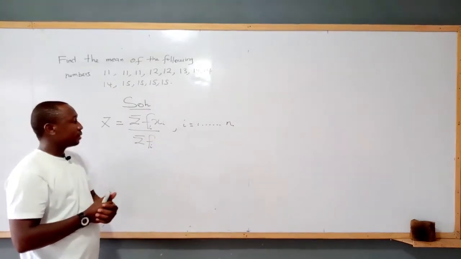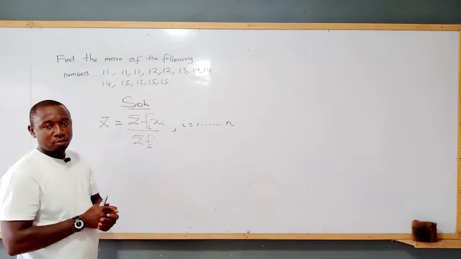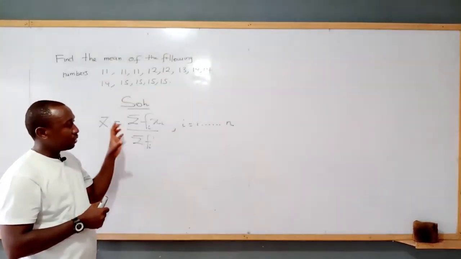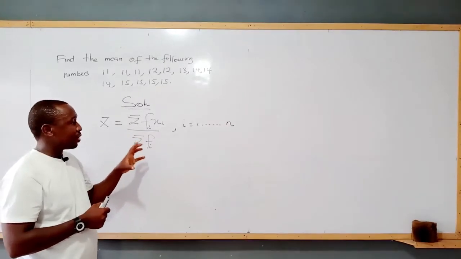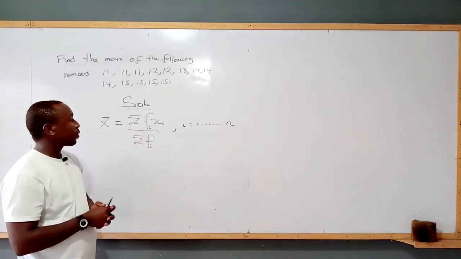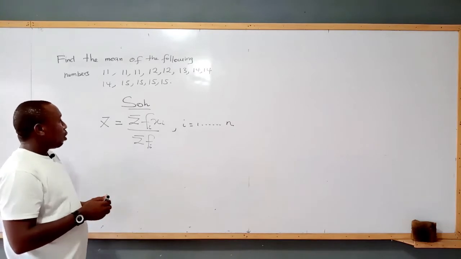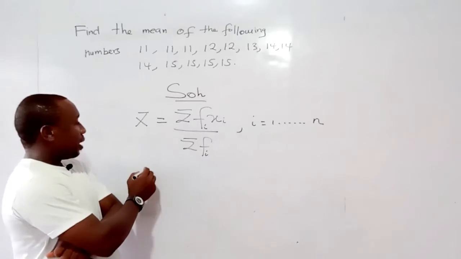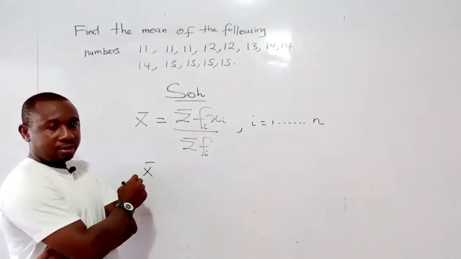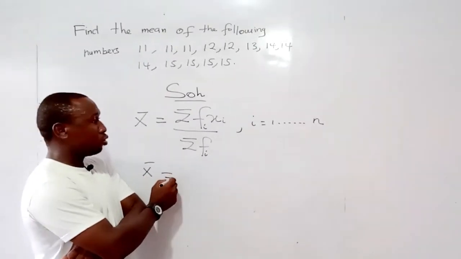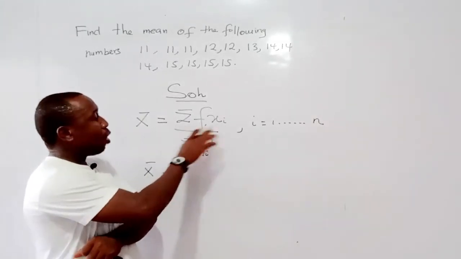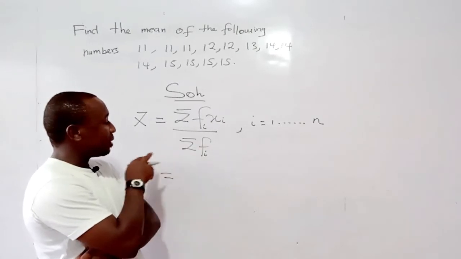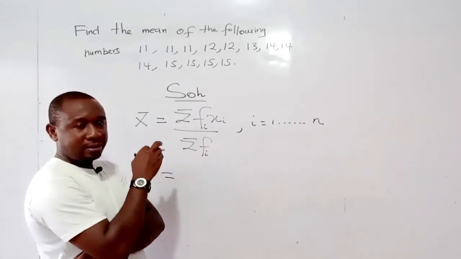But for this one, we need to draw a table for us to appreciate the formula very well. So what we are trying to say is that x bar will be equal to the sum of all the fi xi divided by the sum of all the fi's.